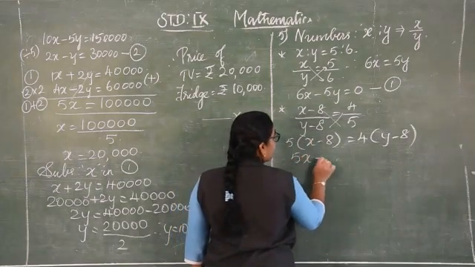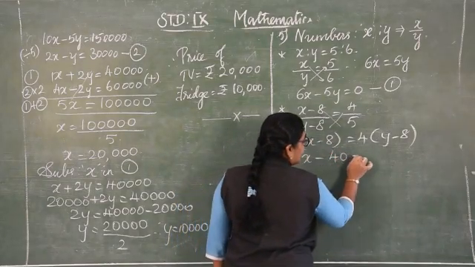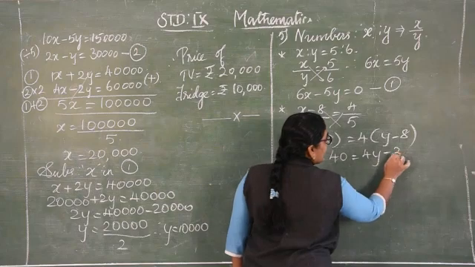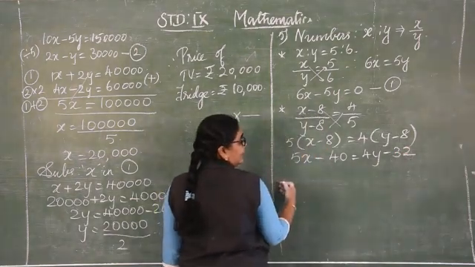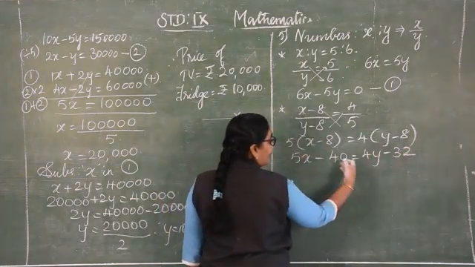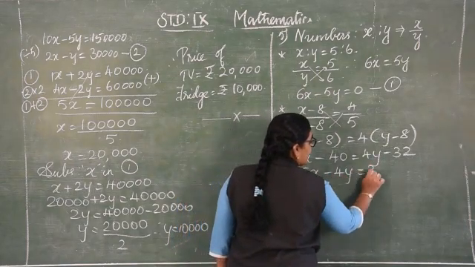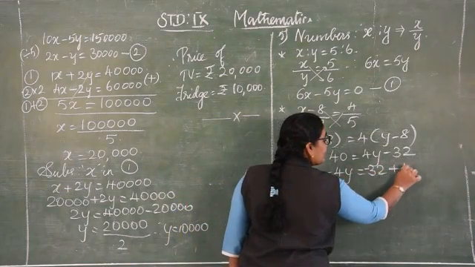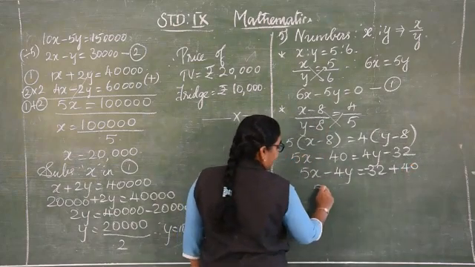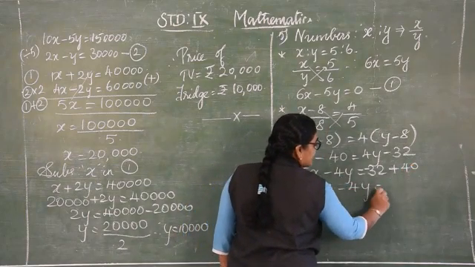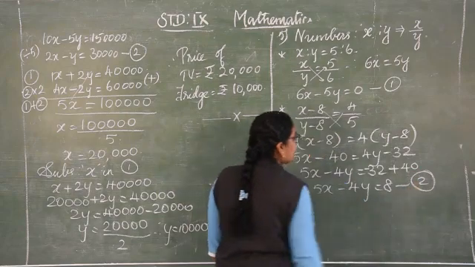So 5x minus 8 5s are 40 is equal to 4y minus 32. Bring x and y one side and constant to other side. So 5x minus 4y is equal to minus 32 plus 40. So 5x minus 4y is equal to 8. This is your second equation.